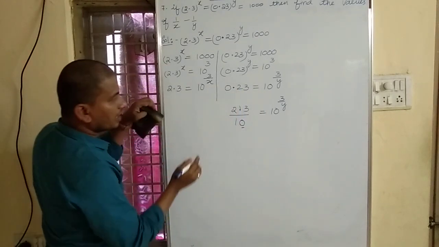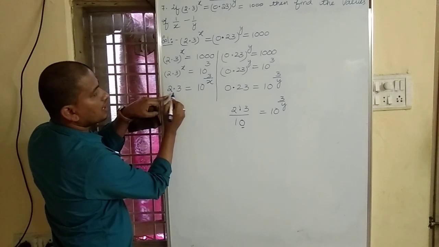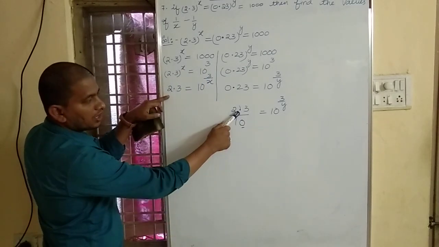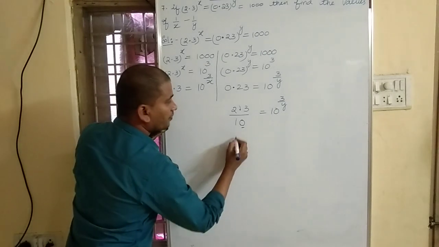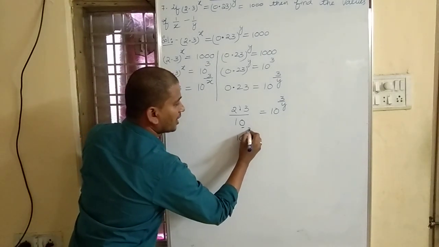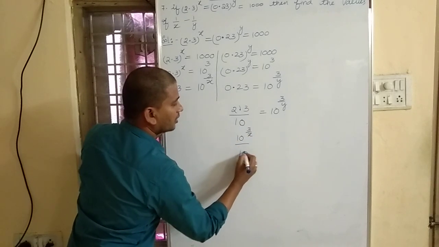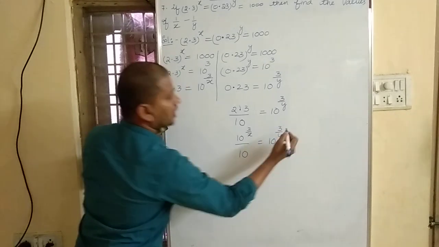So as we know, what is the value of 2.3? The value of 2.3 is 10 to the power 3 by x. In place of 2.3, I can write 10 to the power 3 by x divided by 10 is equal to 10 to the power 3 by y.